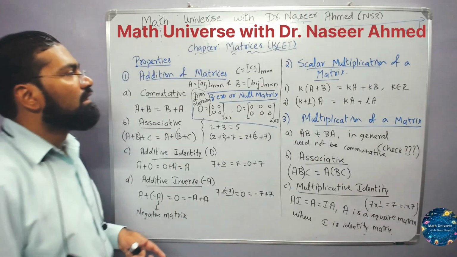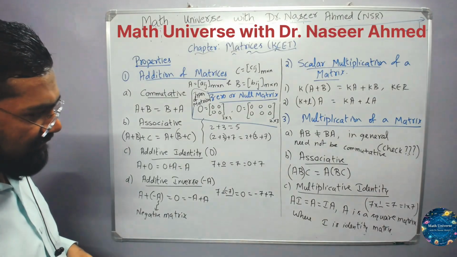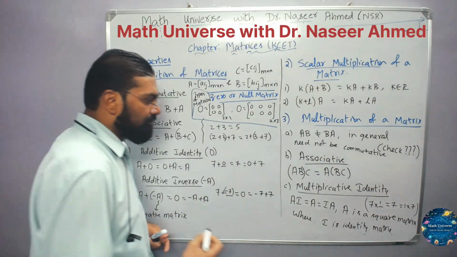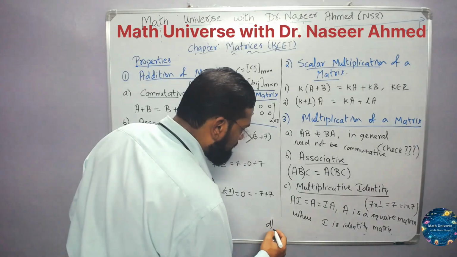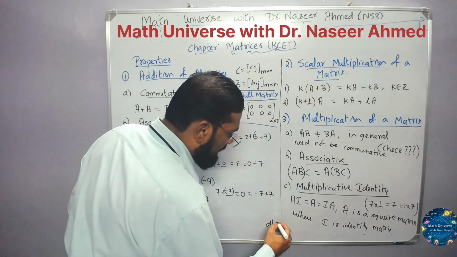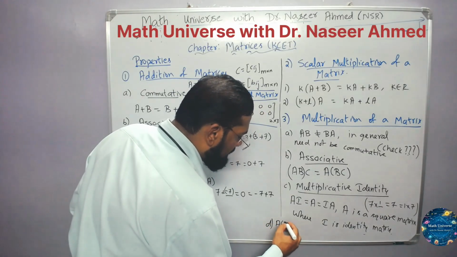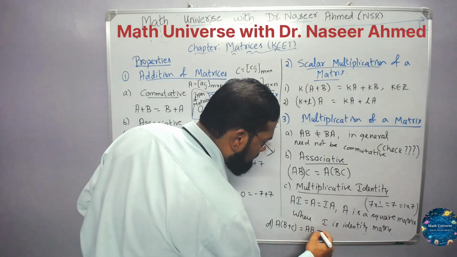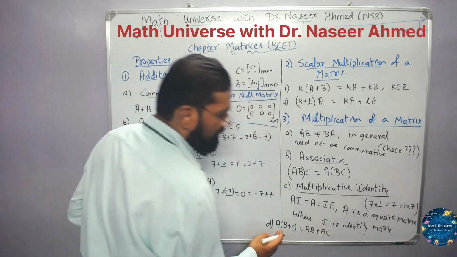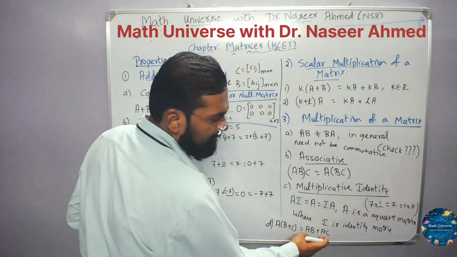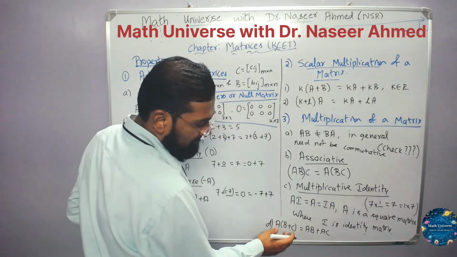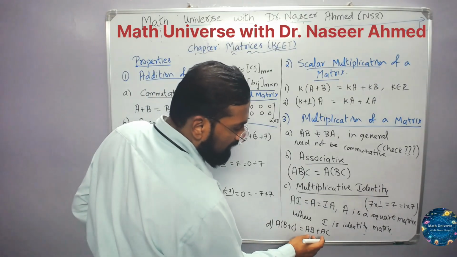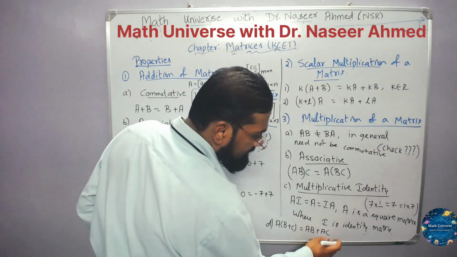Okay, now having understood this, let us move on to the last one, that is the distributive property. See here, A into (B plus C) is the same as AB plus AC. That means you can either add B and C and then multiply with A, or perform multiplication AB and then AC, then add.